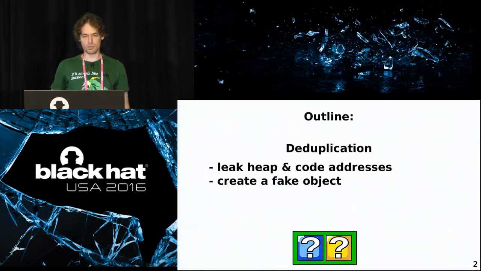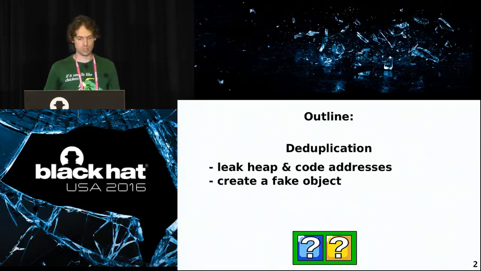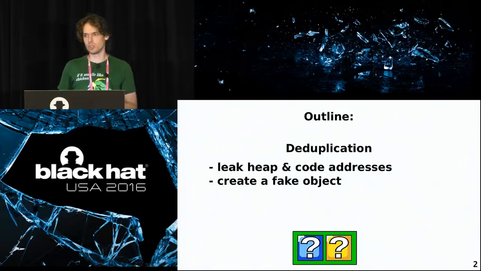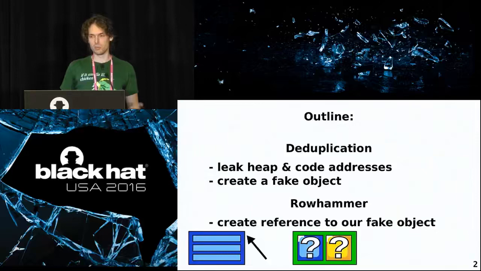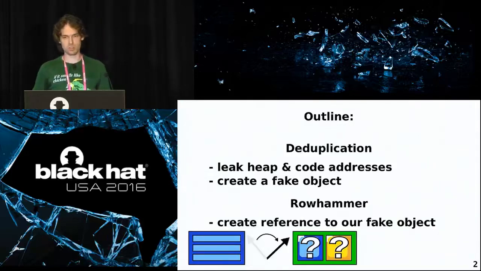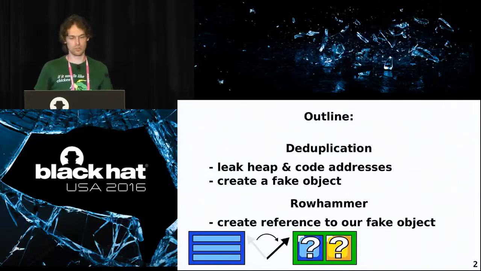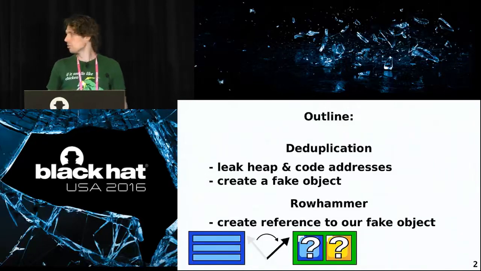And this will be enough for us to craft a fake object, but the object will still be in our data, so we don't have a reference to it. So we will use Rowhammer to create a reference to this object, and this will enable us to get an arbitrary read-write primitive from there.